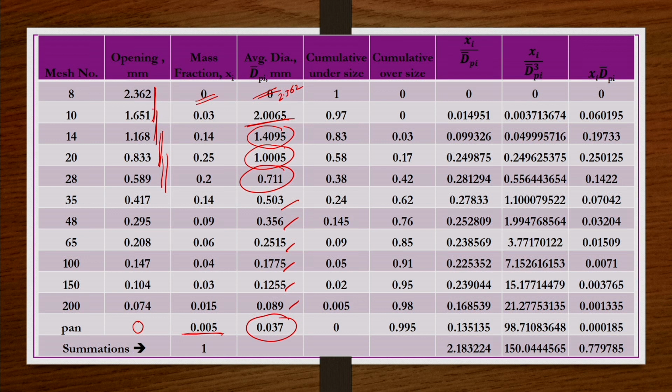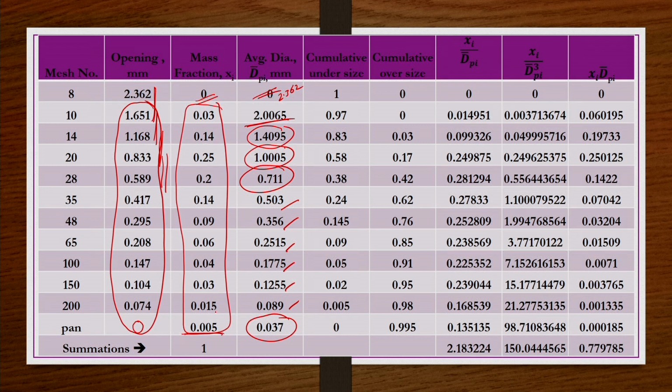All the screen openings from 1.651 down to 0.074 are smaller than 2.362. So, what is the summation of the corresponding mass fractions? All these mass fractions should be taken, and when you add them together you get 1. That is what this one is.